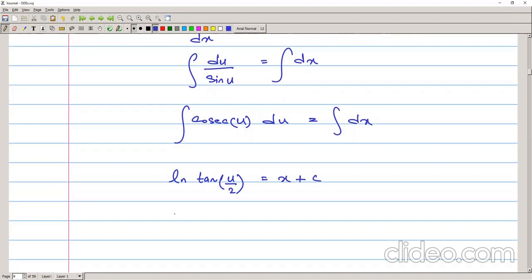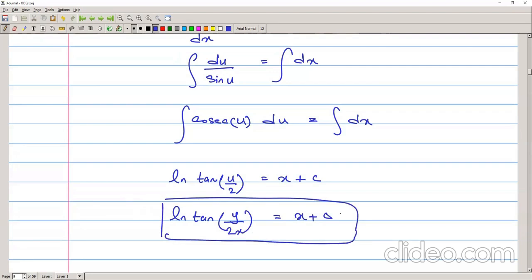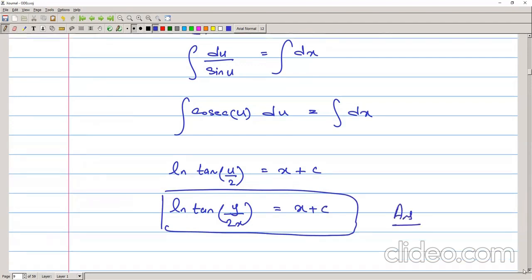And then we can simply substitute the value of u, that is y over x, so it will be ln tangent y over 2x is equal to x plus c. And this is the solution for this equation. So this is the final answer.